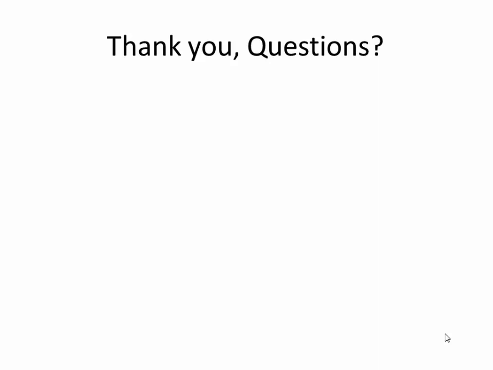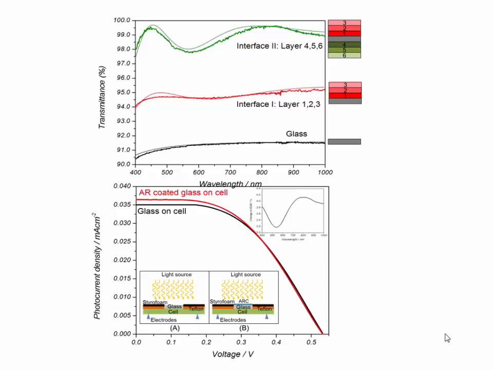So the first layer below your anti-reflection coating in the cell. Yes, you actually have to introduce another layer, which we haven't tried, but if we do that, that will definitely increase photocurrent.